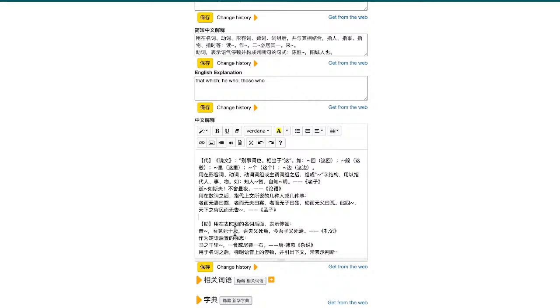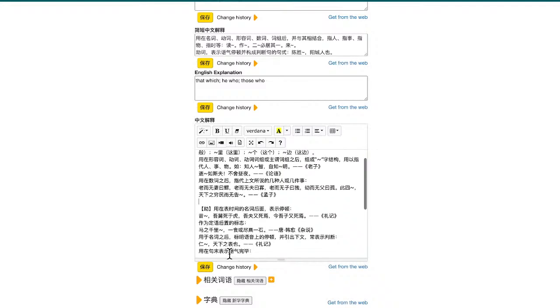So that sort of thing, and here's another example right here. 马之千里者一时或竞速一旦, so that means those horses that can run 1,000 miles will eat one dan.